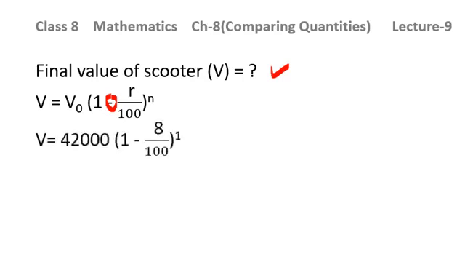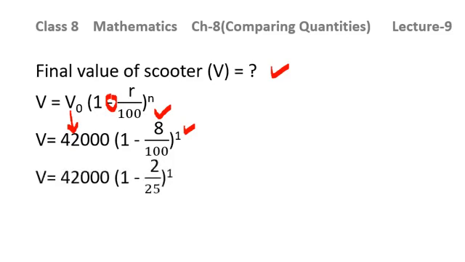Now putting the values, V is equal to V naught, that is given to us as 42,000 bracket 1 minus R over 100, that is 8 over 100, raised to the power 1, because after 1 year we need to find the value. So V is equal to 42,000 bracket 1 minus 2 over 25 raised to the power 1.